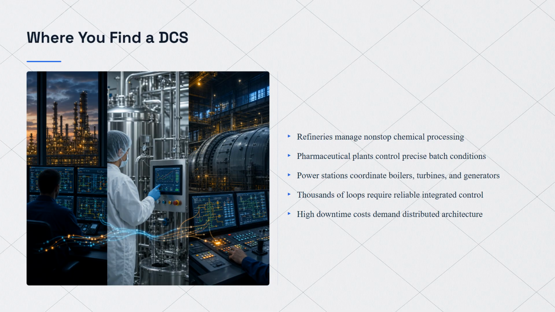The common thread is continuous or batch processes at scale, where thousands of control loops must run reliably and where the cost of integration failure or unplanned downtime is high. In those environments, distributing control across local controllers is not optional. It is the architecture the process demands.